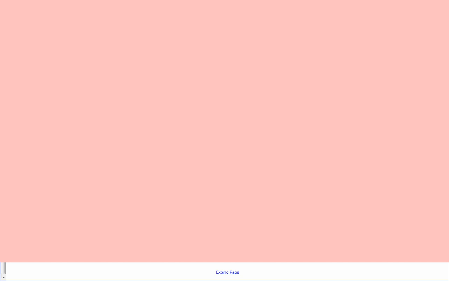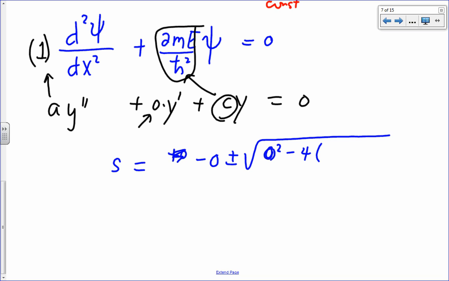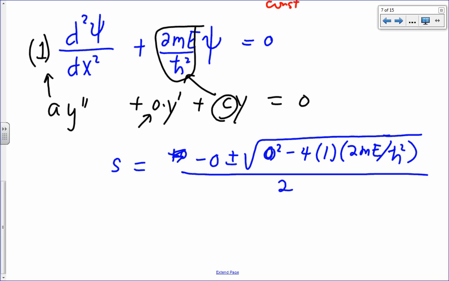So what's the general solution to this? What's our s? s equals negative b, which is 0, plus or minus the square root of 0 squared minus 4 times a, which is what? c is 2mE over h bar squared, all divided by 2.